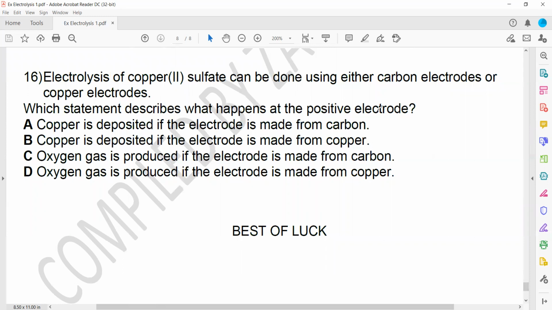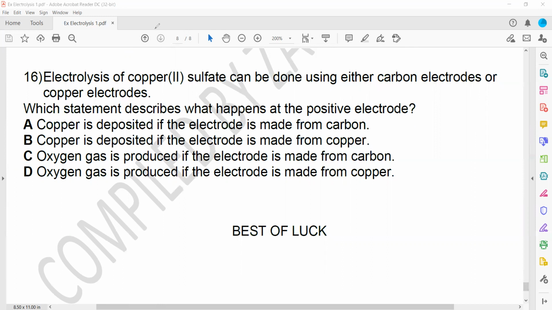So which statement describes what happened at the positive electrode? If we are using a carbon electrode, then oxygen is produced. So oxygen gas is produced if the electrode is made of carbon. That's why C is the right answer.